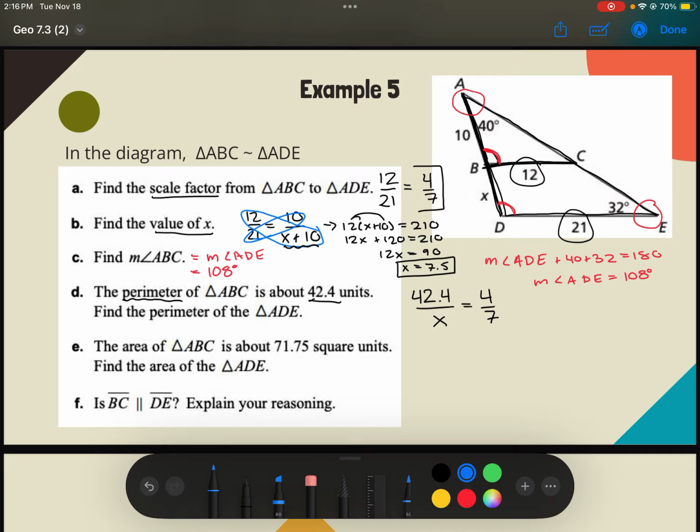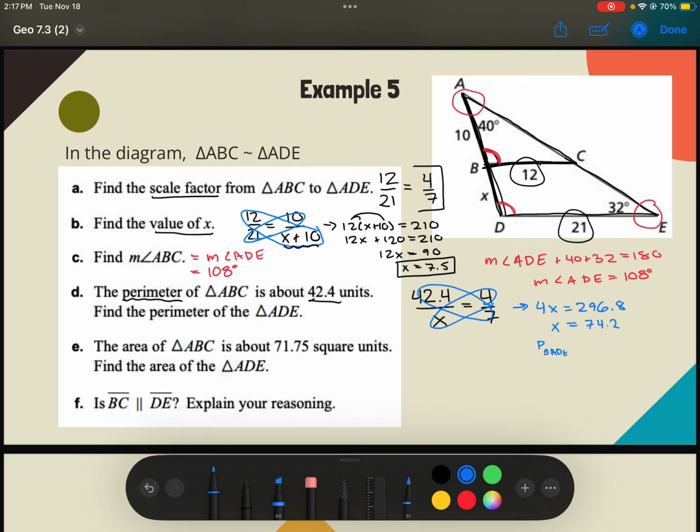And now again, we're just going to butterfly method, and we're going to get 4x equals, throw this in your calculator, 296.8. When we divide both sides by 4, we're going to get 74.2. So the perimeter of triangle ADE equals 74.2 units.